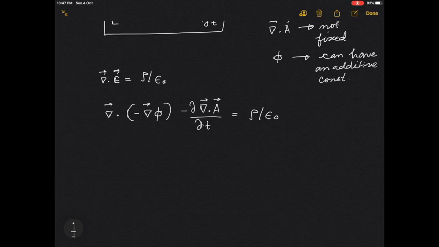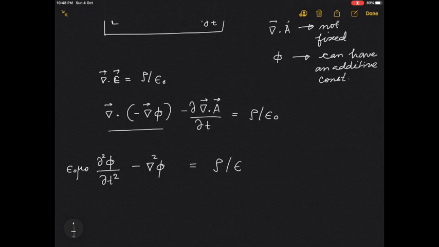What I do here, this term is nothing but minus grad square phi. I add to it a term which is epsilon naught mu 0 del 2 phi del T2, and then in the right hand side I write the rest of it. So it is rho by epsilon naught.